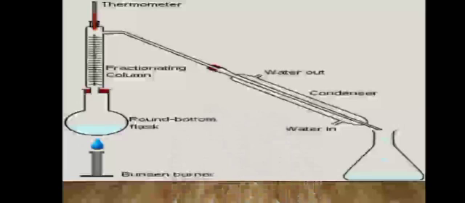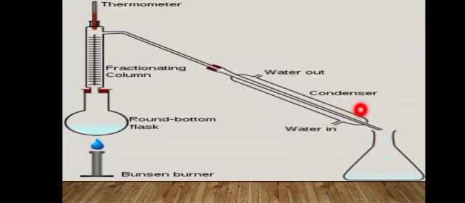fractional distillation. For fractional distillation, the apparatus which is required is a thermometer and a round bottom flask. Okay, a Bunsen burner, we are going to require a condenser and a beaker which will be used in order to collect the condensed liquid. Okay, a fractionating column is also provided where we have a thermometer inserted, and here we will observe the temperature of the liquid.